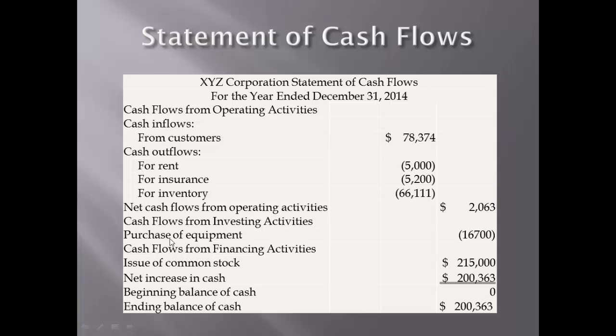Other examples of cash outflows are the purchase of property, like cash paid out to purchase building or land. We can also have cash to purchase investments in debt or equity securities of other companies. Cash paid out to make loans to other companies.